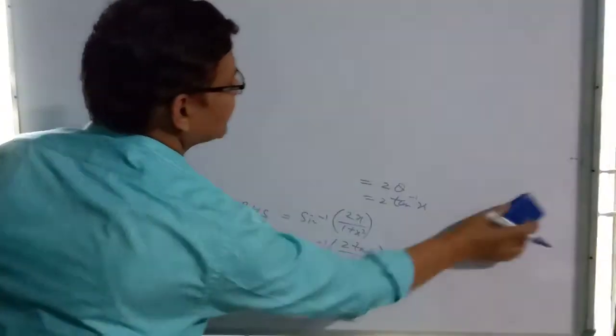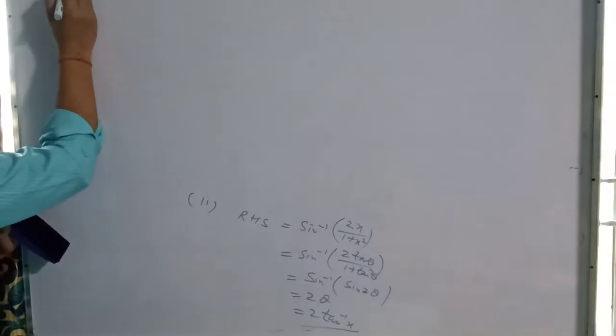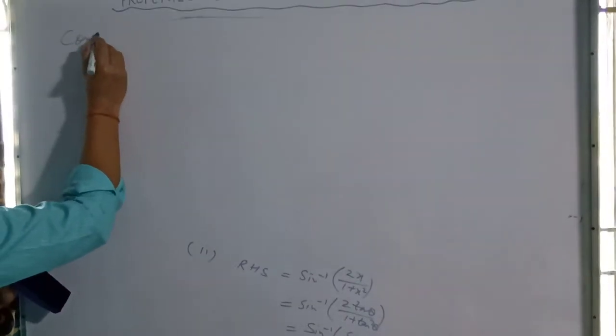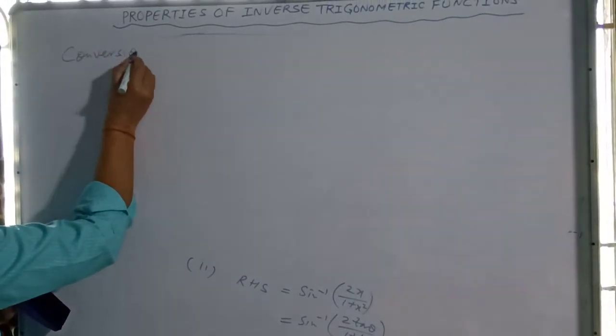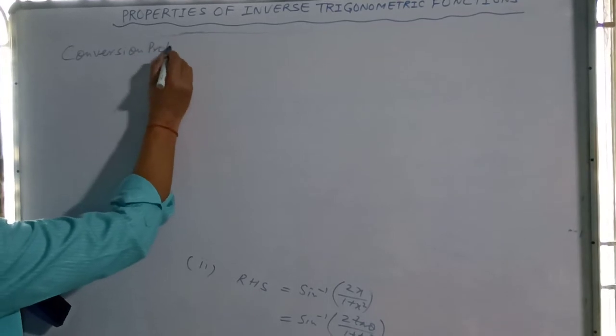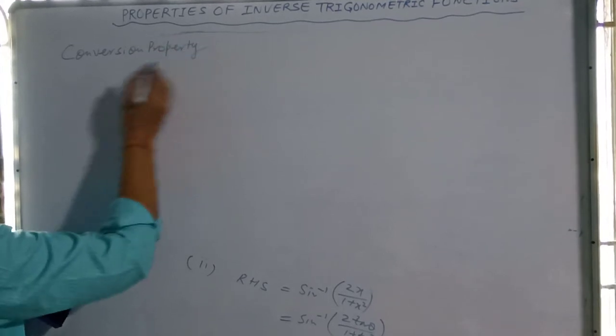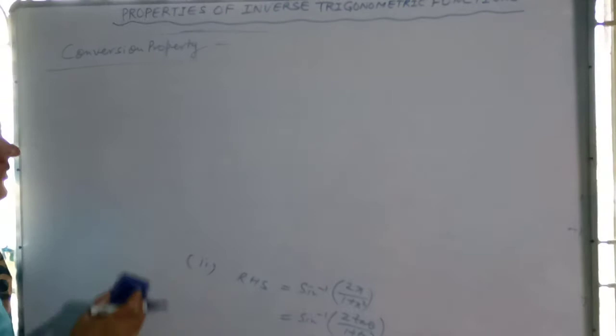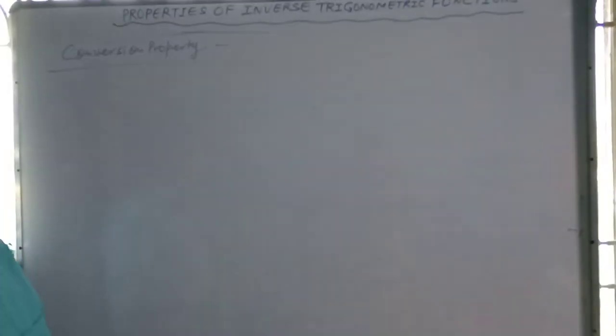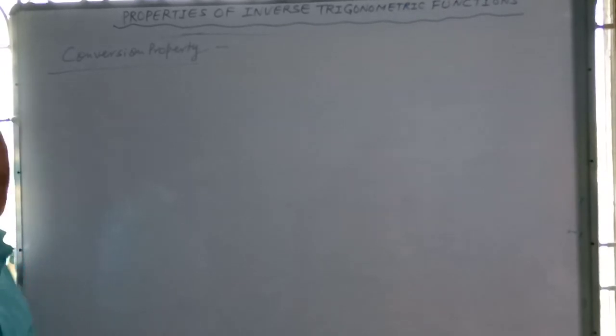Now the last one is called the conversion property. It means if the requirement is to convert sin inverse into cos inverse or tan inverse, then what to do?